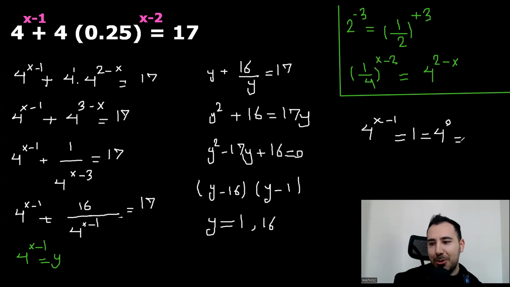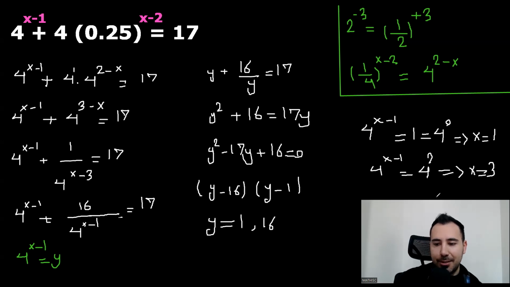Did you guess this right? I hope this was one of your guesses. And in the other case, 4 to the power of x minus 1 equals 4 to the power of 2. So x minus 1 is 2, so x would be 3.